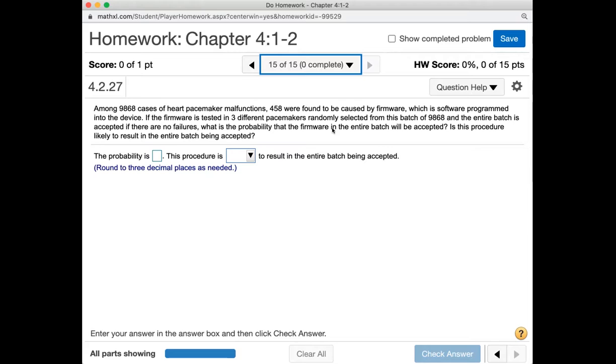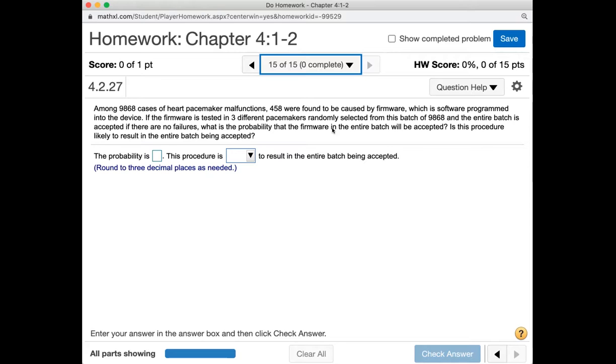Since replacement is not allowed, this problem is not about the binomial distribution, because each trial, selecting the pacemaker randomly, will affect the probability for the next selection. After the first selection, we might have got a pacemaker caused by the formula, right?